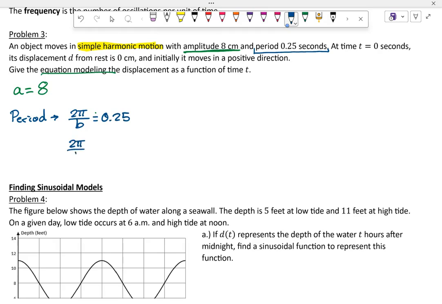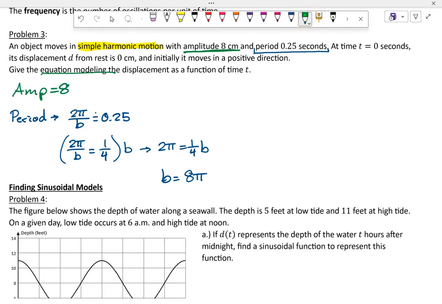Because we're going to do non-calc here. 1/4. Can I solve for B there? Multiply by B. I have 2 pi equals 1/4 B. So then what does B equal? 8 pi. We'll actually add one thing back to the A, that this is from our amplitude.